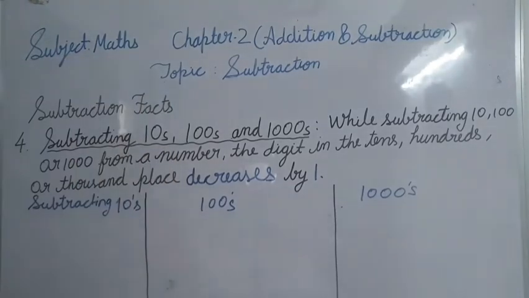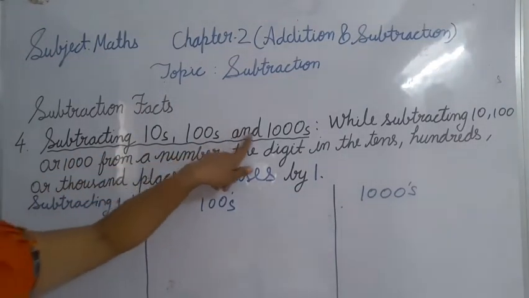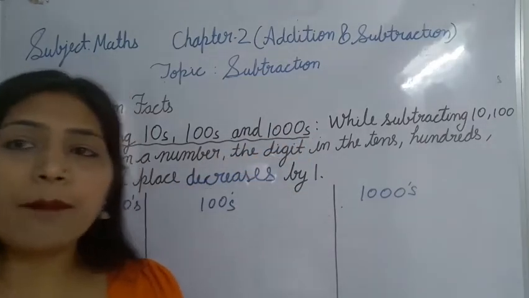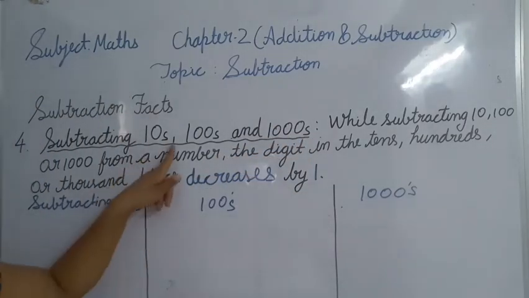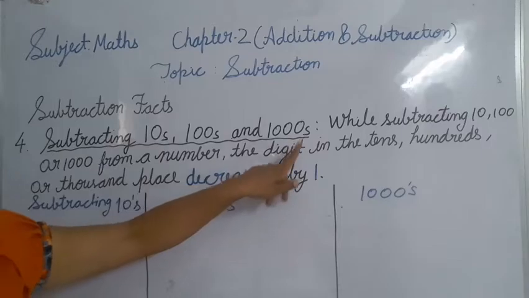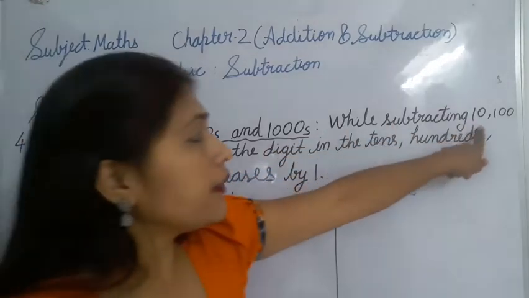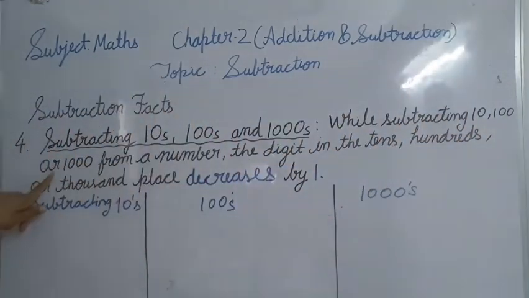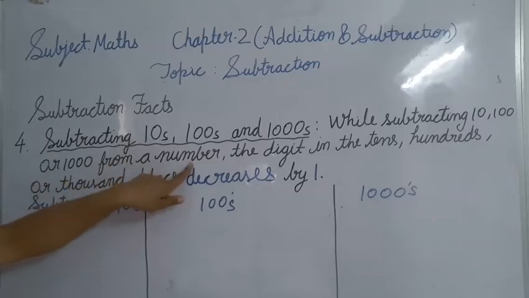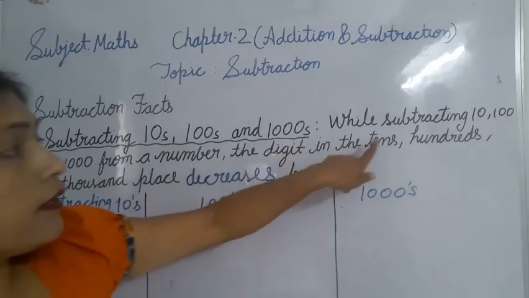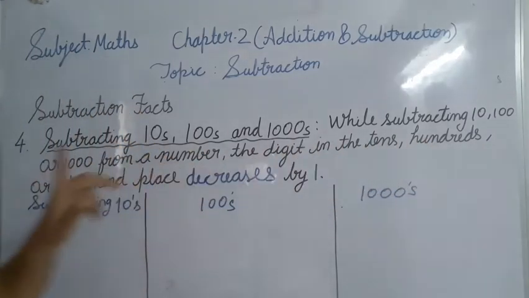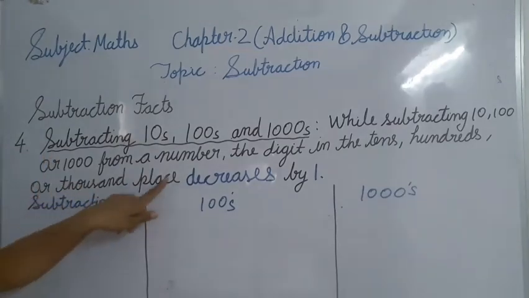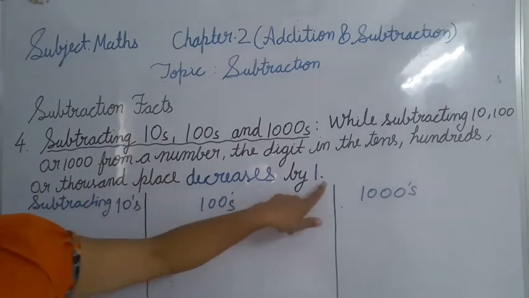The next fact of the subtraction is subtracting tens, hundreds and thousands. What will happen when we subtract tens, hundreds and thousands? So while subtracting 10, 100 or 1000 from a number, the digit in the tens, hundreds or thousands place decreases by 1.